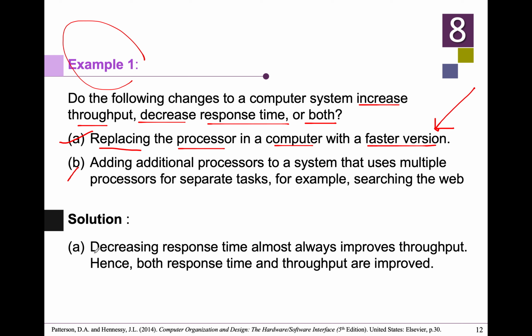So you're going to decrease the response time, and also almost always improve the throughput. So this one is vice versa. If your response time is decreased, your throughput will be increased. Hence, both response time and throughput are improved.